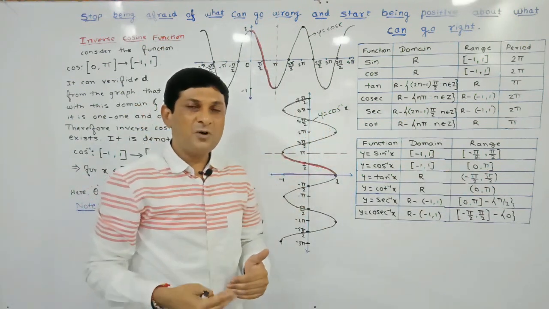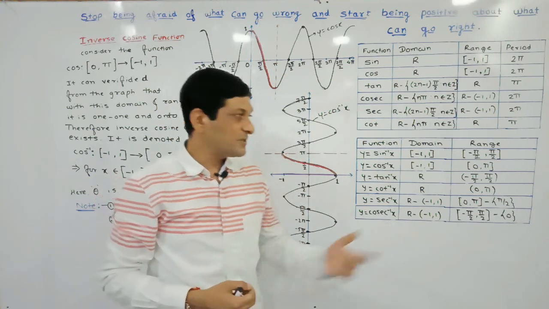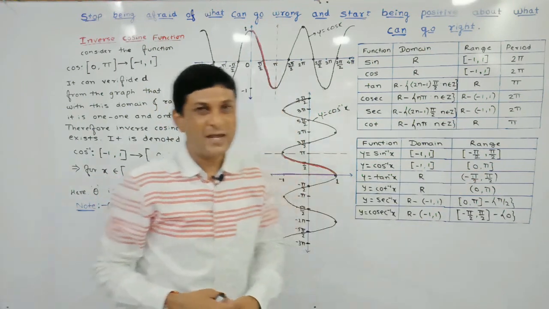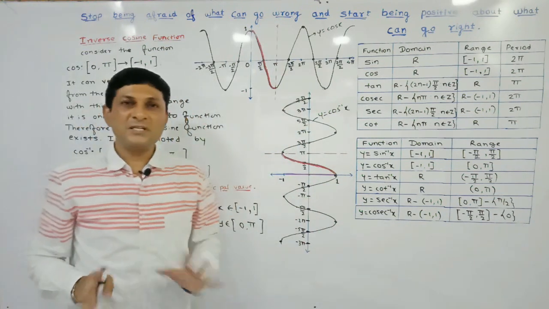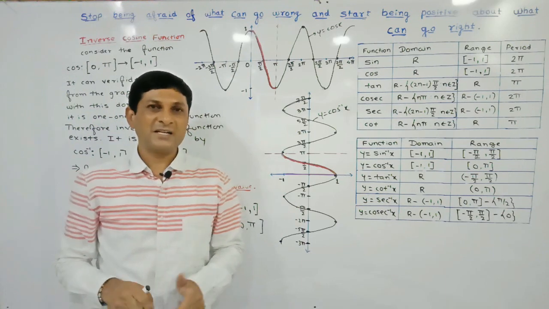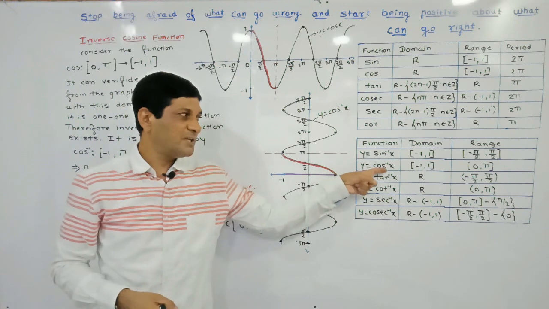And if the value of theta satisfies the given inverse trigonometric function and lies between 0 and pi, at that time it is called the principal value. So these are some important results related to our second inverse trigonometric function, that is cos inverse of x.